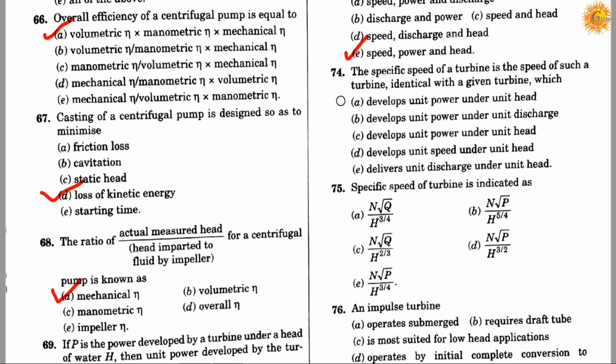So correct answer is A. It means the specific speed of a turbine is the speed of such a turbine identical with a given turbine which develops unit power under unit head.